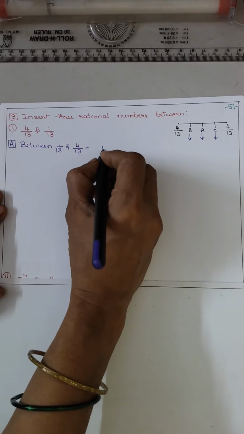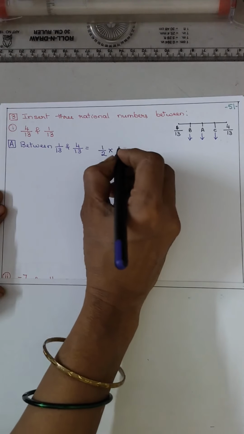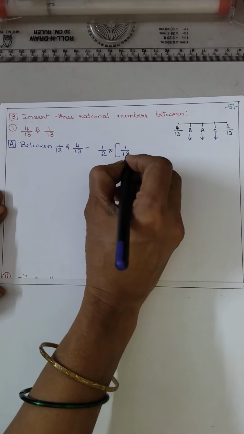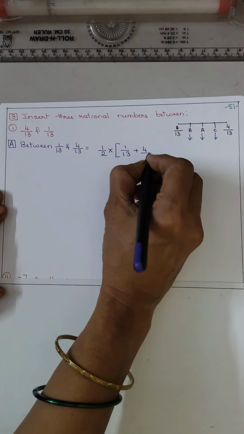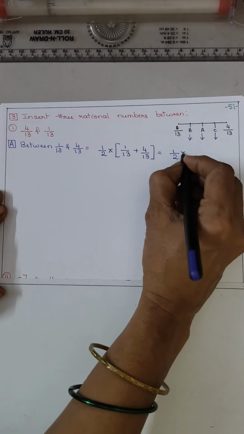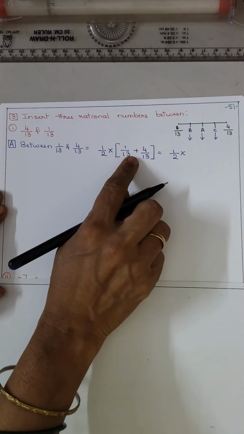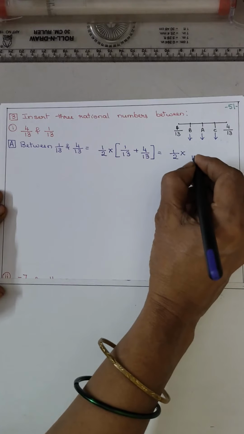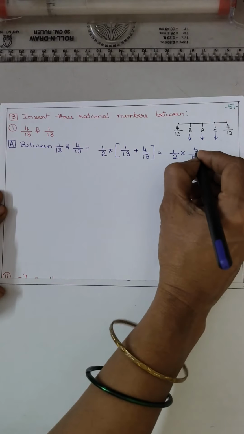Okay. Now for A, between 1 by 13 and 4 by 13. That means half into 1 by 13 plus 4 by 13. That is half into 13 in the denominator as it is. 1 plus 4 is 5.